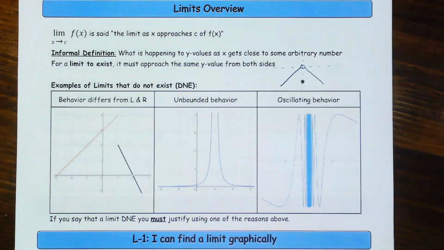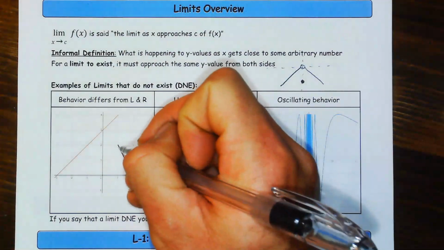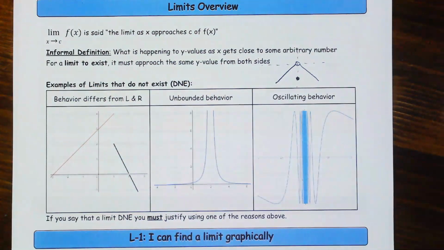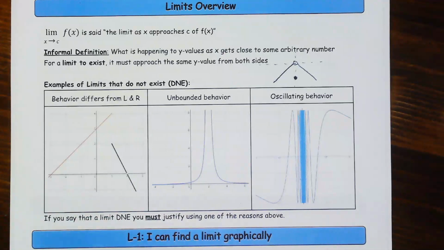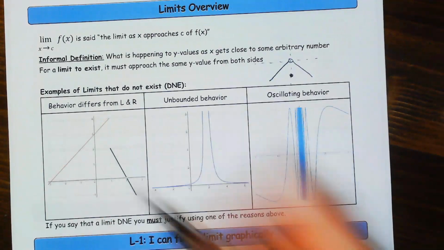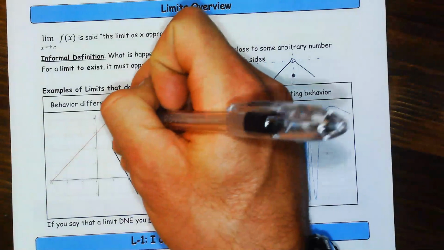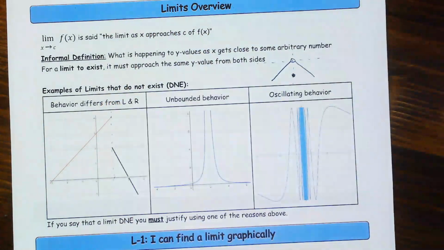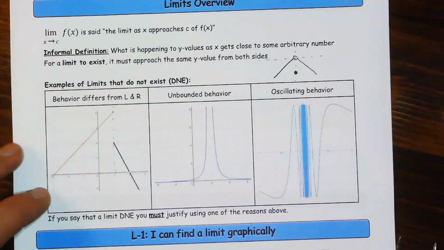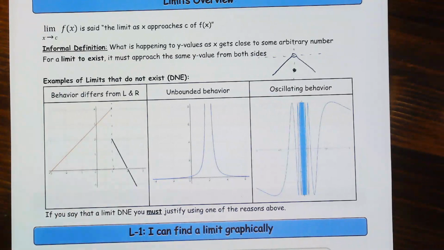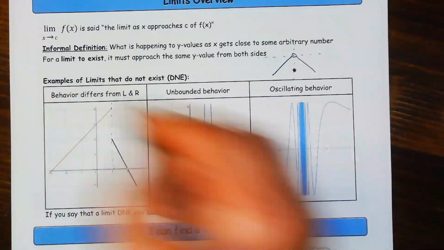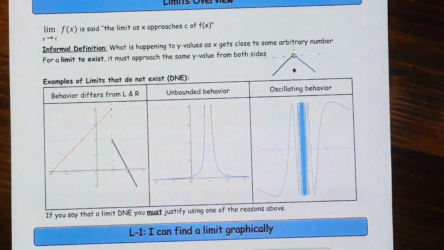My y value 4. Again, we care about y values. And on this one, I'm approaching 2. I'm getting close to the y value of 2 from the black line. Okay, if we're talking about x equals 1. So that is what we call behavior differs from the left and the right because we're not going to the same y value. And again, for a limit to exist, it must approach the same y value.